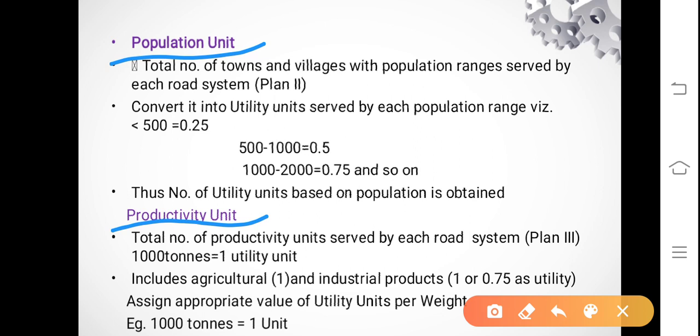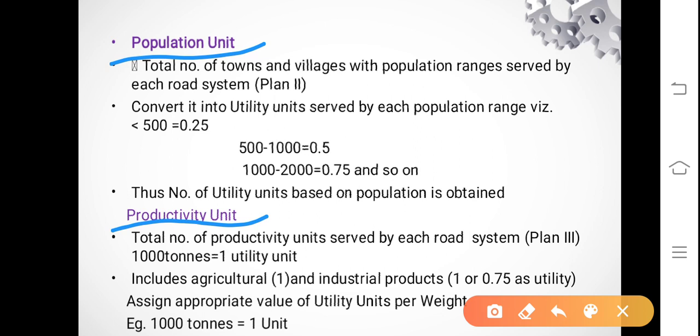Total number of towns and villages with population ranges served by each road system, that is based on Plan 2 data. Convert this into utility units served by each population range. Less than 500 may be assigned 0.25, 500 to 1000 may be assigned 0.5, 1000 to 2000 may be 0.75, and so on.